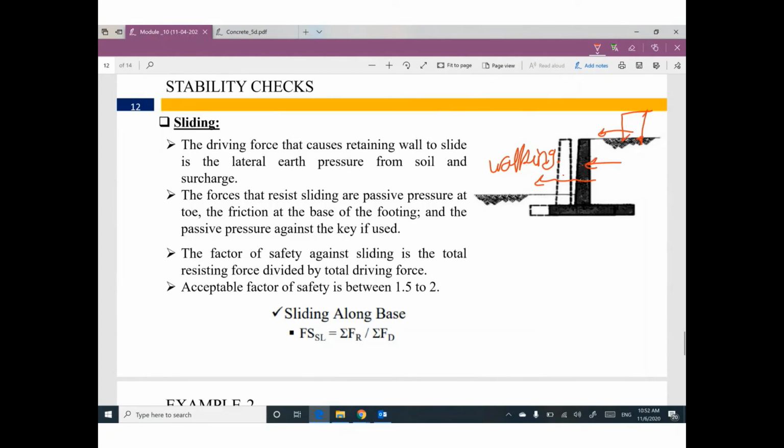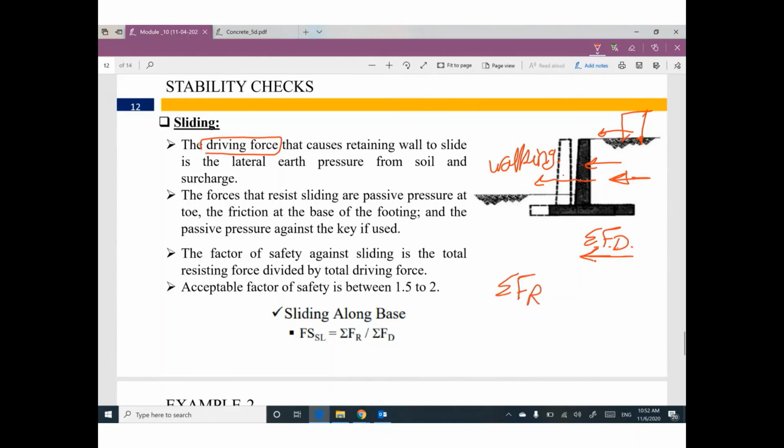We have here lateral force, which is called D, driving force. Driving force, summation of all lateral force. In sliding, we are talking about forces only. Okay, all of the lateral forces will cause summation F of D. What is the value of summation F of R?